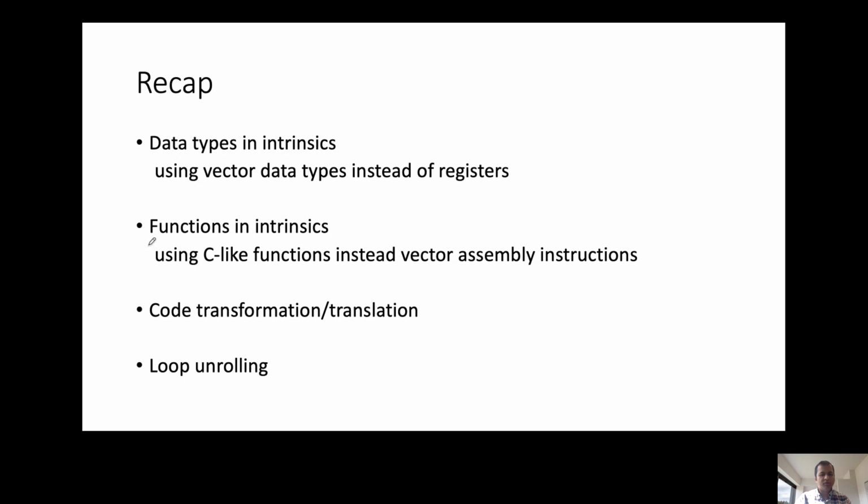We looked at some intrinsic functions to do load, store, add, and also multiply. We looked at loop unrolling for code transformation. Given high-level C code, how to change the code so that it is easy to vectorize or use vector parallelism in the code. Loop unrolling helped us to do that.